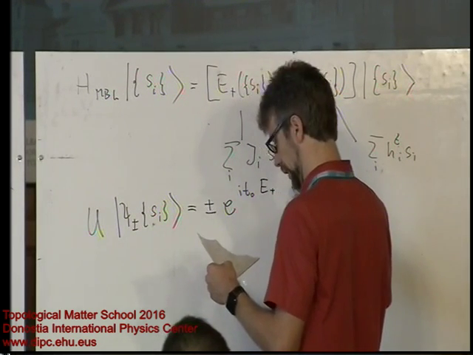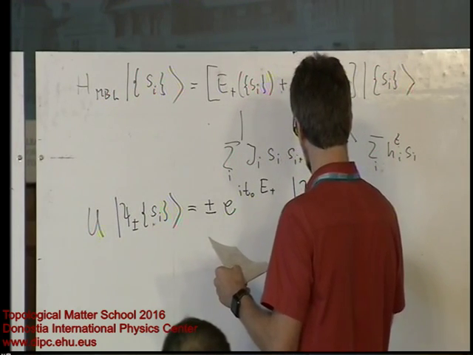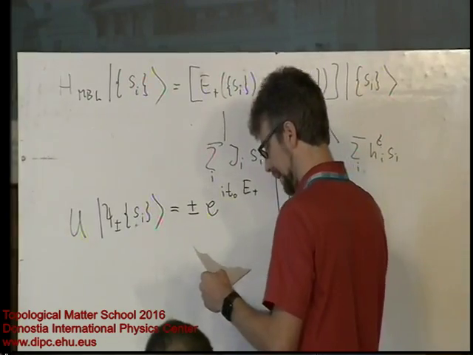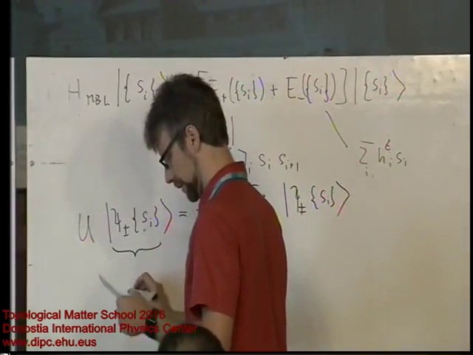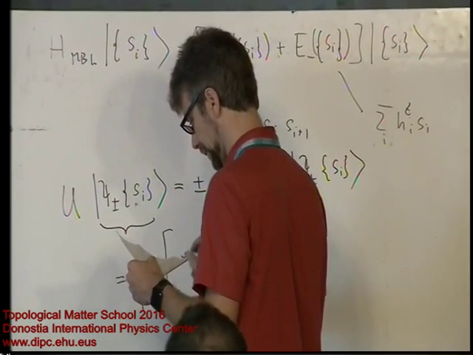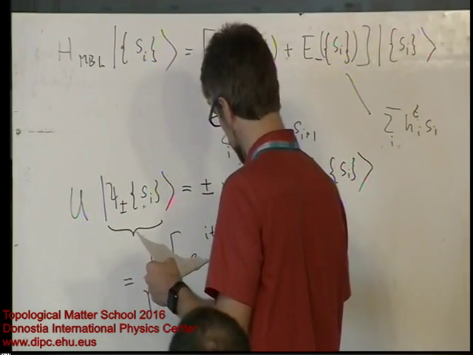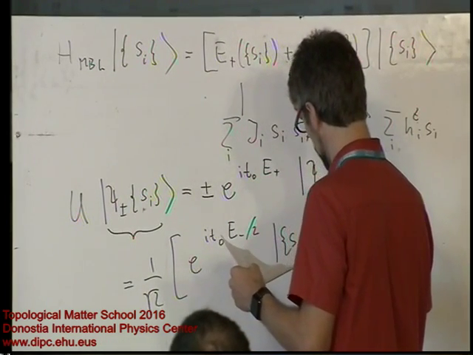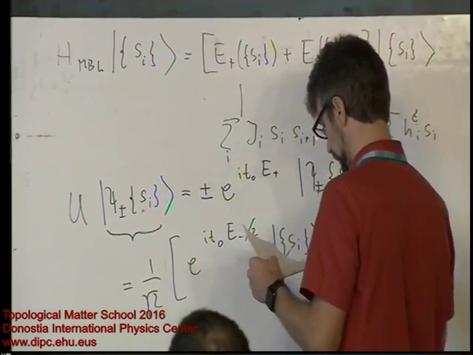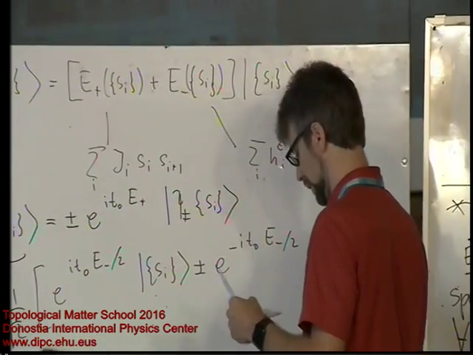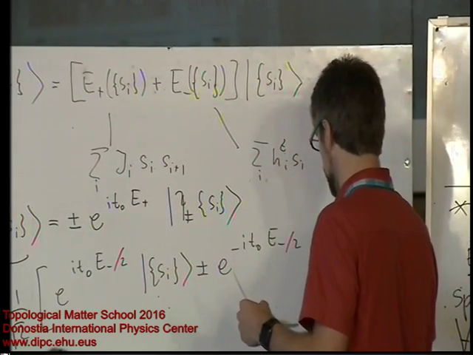I'll not put the Si configuration, it's clear that I mean that. And these eigenstates, you can convince yourself, are given by something rather simple: e to the i t naught E minus over 2 times Si, plus or minus e to the minus i t naught E minus over 2 times minus Si.